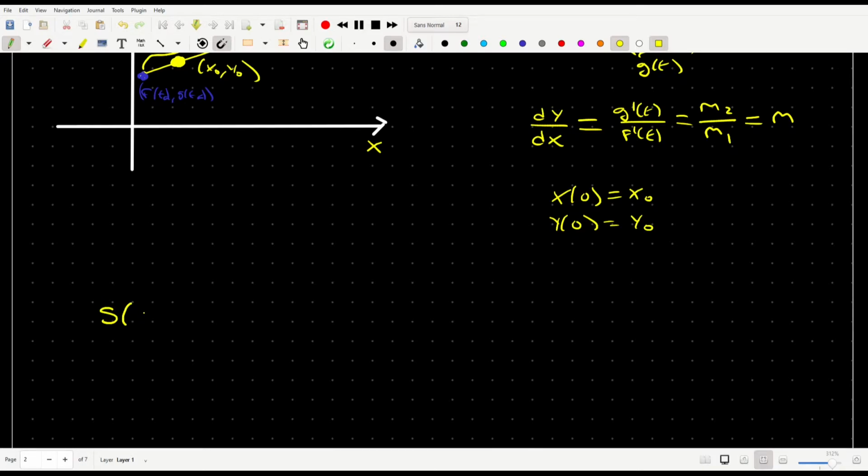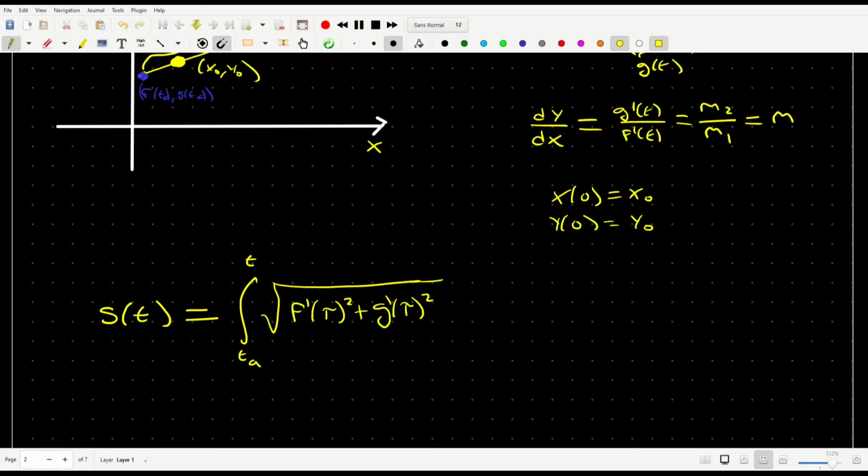S of t, so the arc length from TA to any point t on the line, is going to be the integral from TA to t of the square root of f prime of tau squared plus g prime of tau squared d tau.